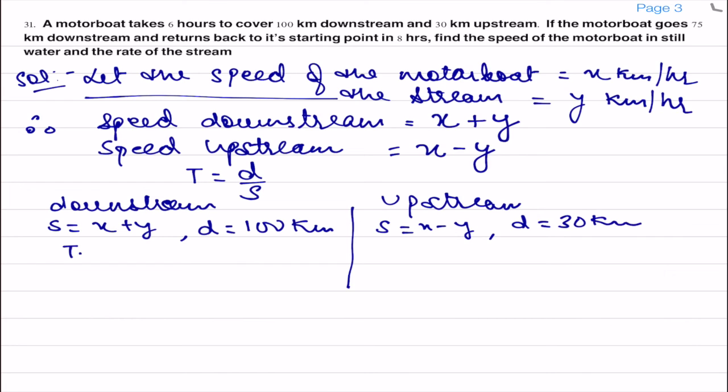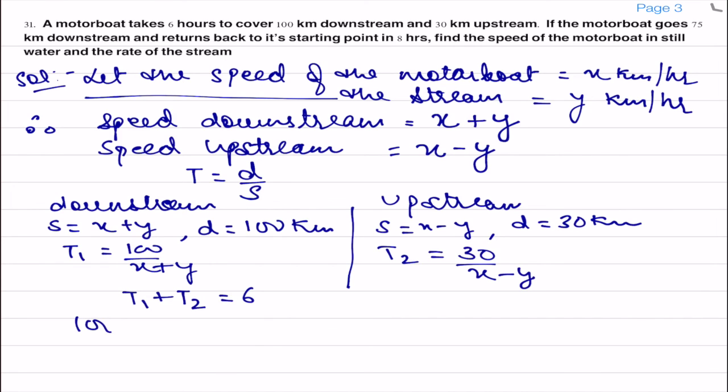So can we find out the time in both the cases? So 100 upon x plus y, and here the time is 30 upon x minus y, and the total time for downstream and upstream is 6 hours. So T1 plus T2 is equal to 6 hours. Children, just do this question carefully as this question is a little bit lengthy. This is the first equation.